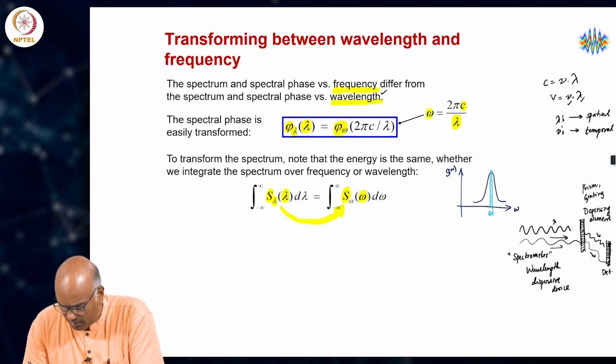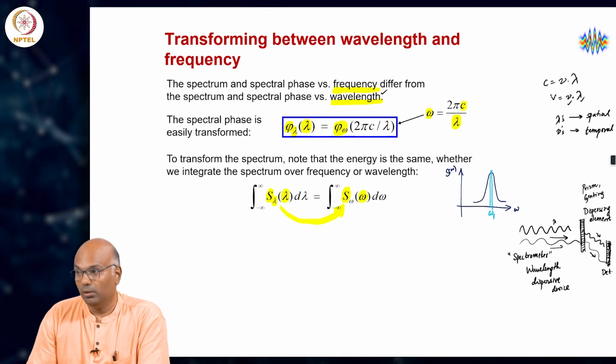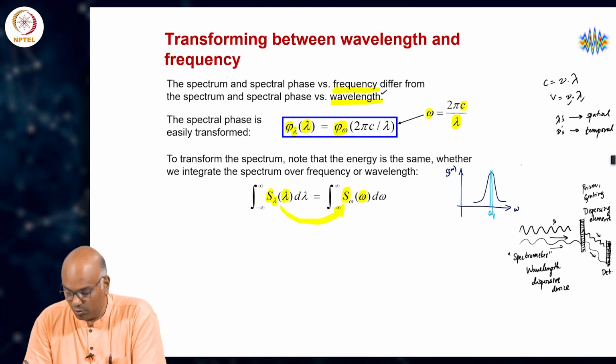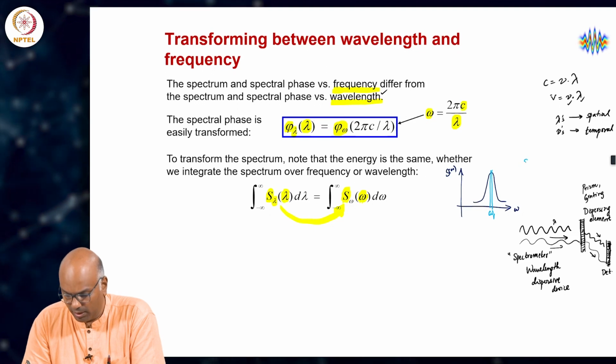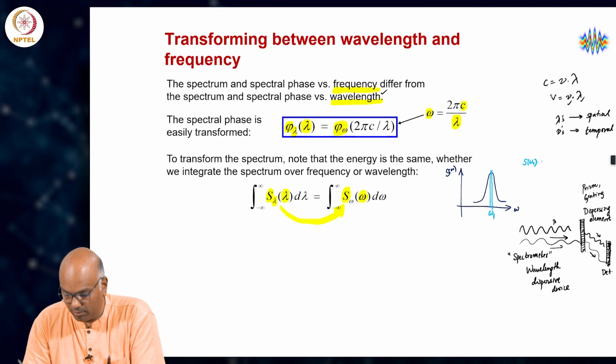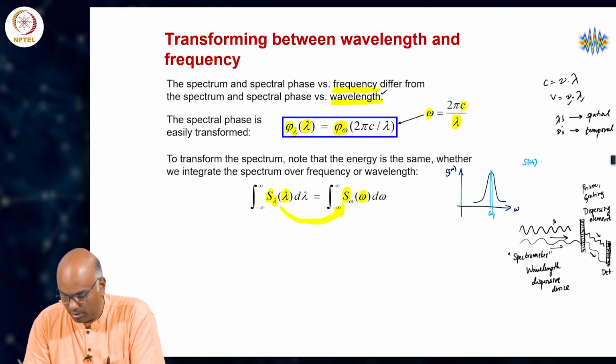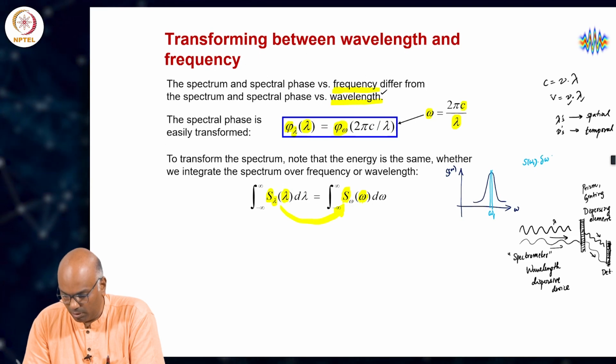A thin slice centered at omega 1 would have so much energy, that is, S of omega 1 multiplied by some small delta omega.